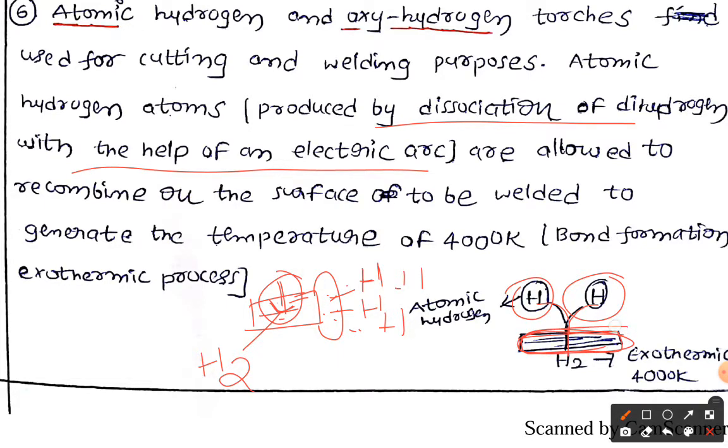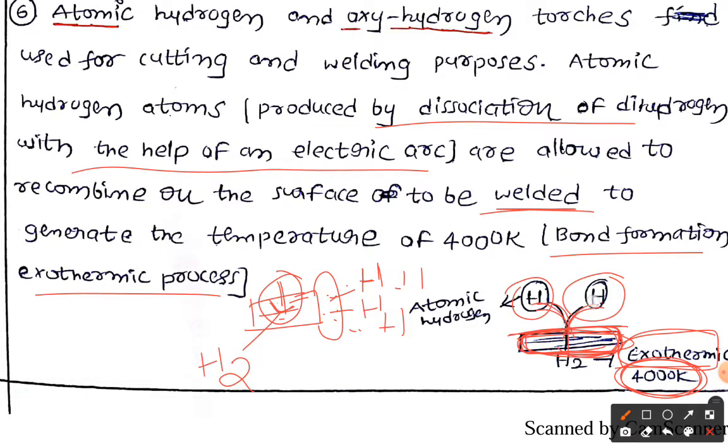As you know very well, bond formation is an exothermic process. So during this bond formation, some amount of energy is liberated, that is how much? 4000 Kelvin. Because of that temperature, whatever metal has to be welded is welded. At that temperature the metal melts and is joined together. That is called welding, as you know very well.